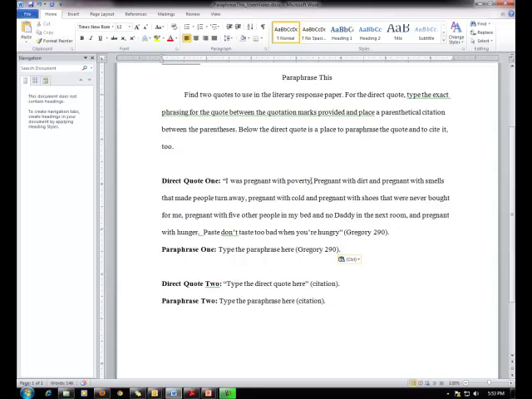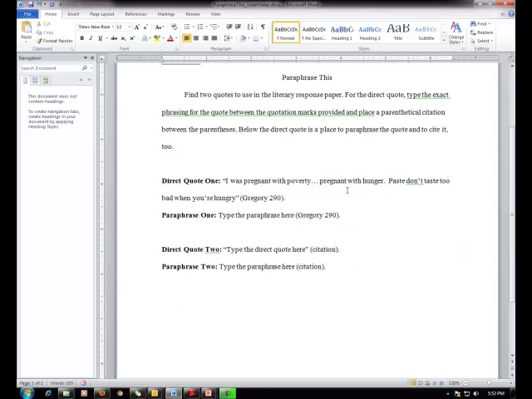Okay. Keep in mind that 1-to-1 or 2-to-1 ratio here, all right. If you have this much cited as a direct quote, when you write the paraphrase, make sure that you keep it just as brief. You keep it very, very similar in size.